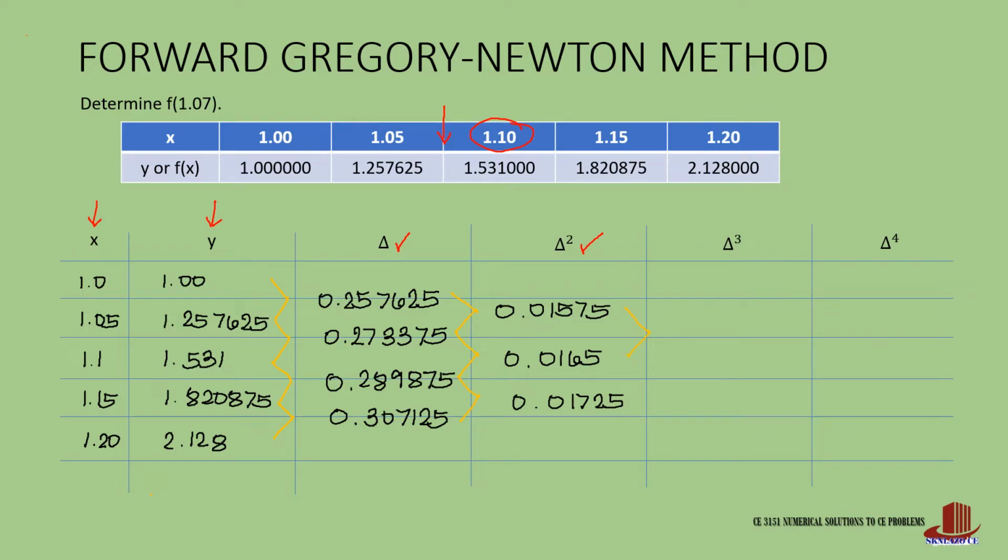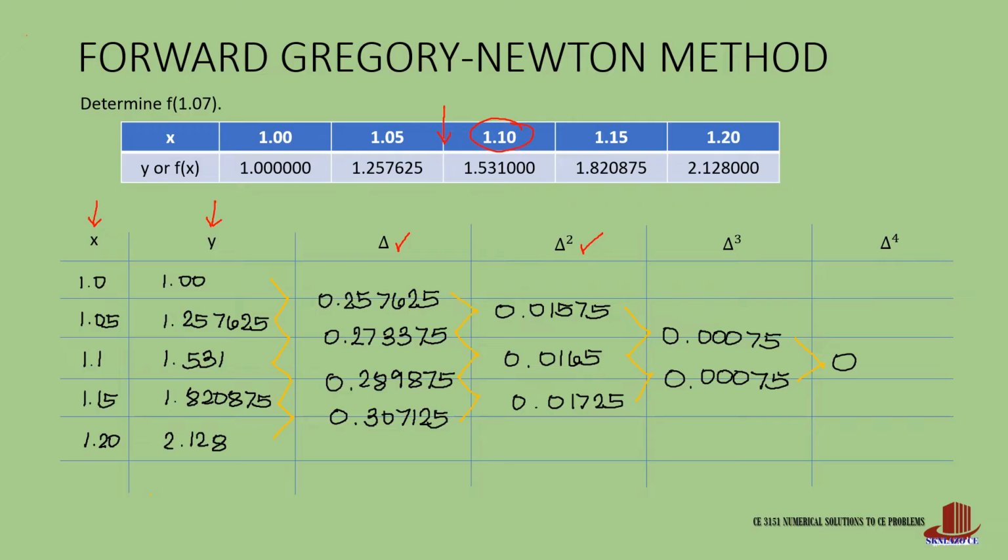Continue with the third column difference, and we would have 0.00075 and also 0.00075. Thus, we would end up at the fourth level difference as 0.